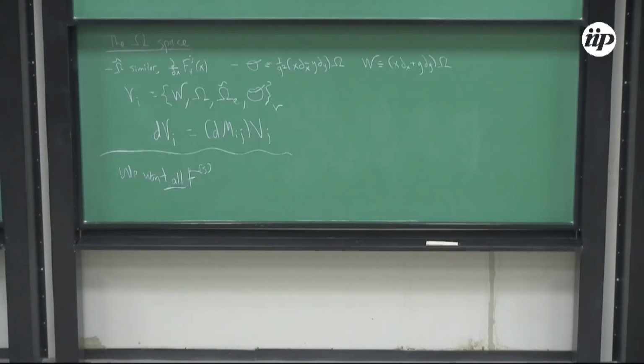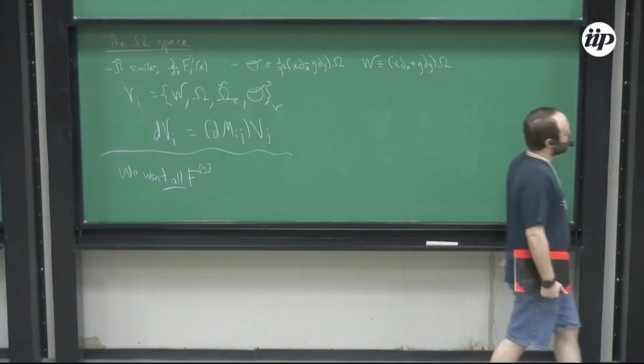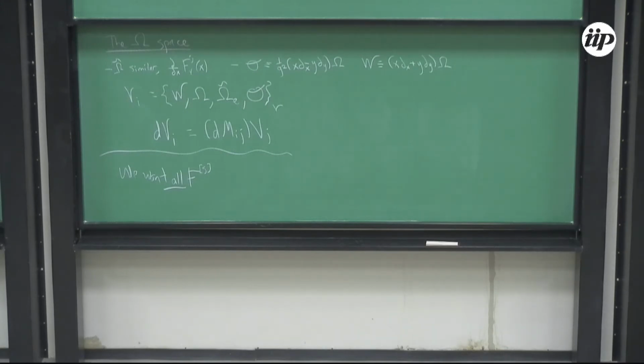What we want is all f superscript s. And what do I mean by that? Well, I can go back over here. So remember, at any given perturbative order, we've got functions of this kind of form where their derivatives include functions of one lower weight. Now, they've got these d logs here, yes. But in particular, what I want is all of the different functions that can appear with different d log coefficients.